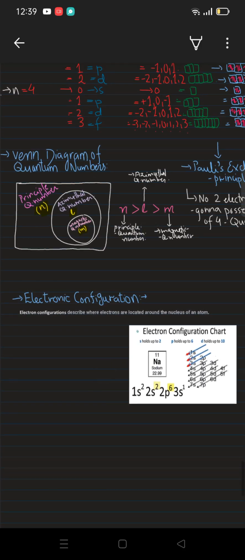Okay, so in the last video, we discussed Pauli's exclusion principle. Before that, we discussed the Venn diagram, in which we discussed the superset and then the subsets as well. Initially, we discussed four quantum numbers: the principal quantum number, azimuthal quantum number, magnetic quantum number, and in the end, spin quantum number.